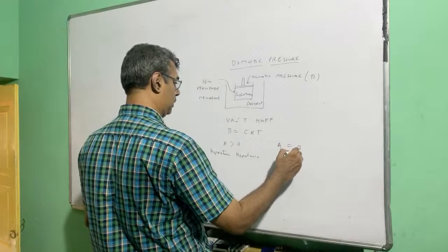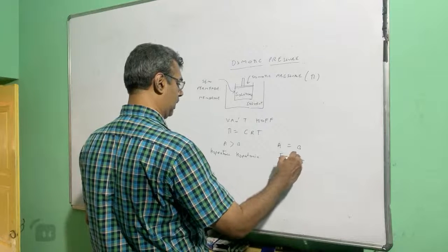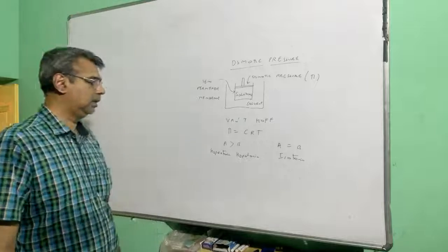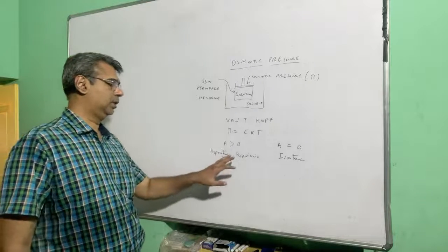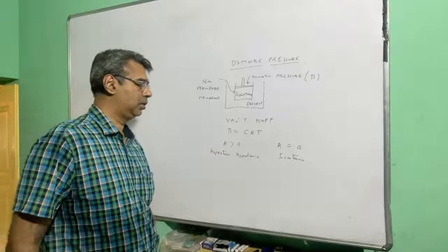Suppose you have two solutions A and B with the same concentration, then they are called isotonic. A hypertonic solution has a greater concentration, hypotonic has a lesser concentration.